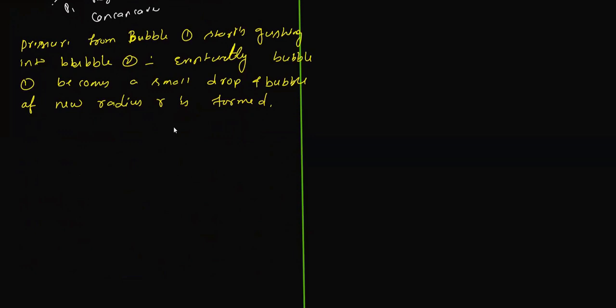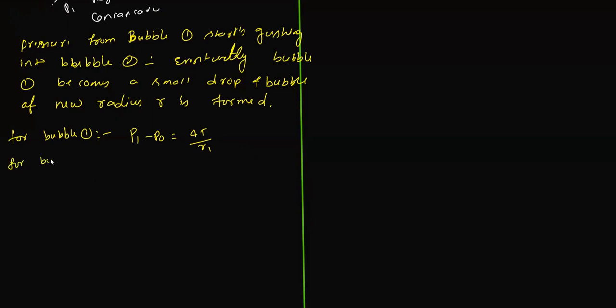First, for bubble 1, what equation can we write? P1 minus atmospheric pressure P0 equals 4T by R1. That is equation 1.